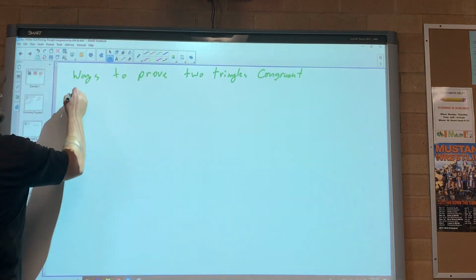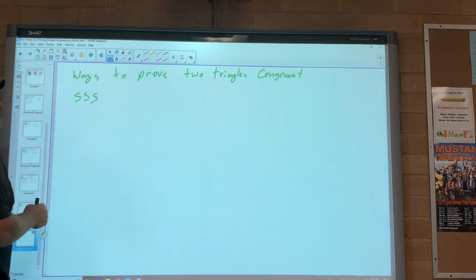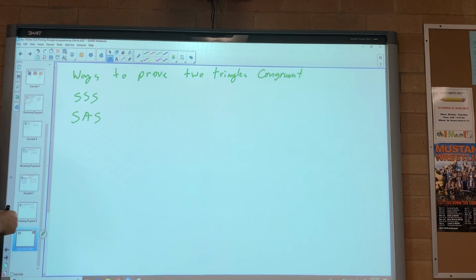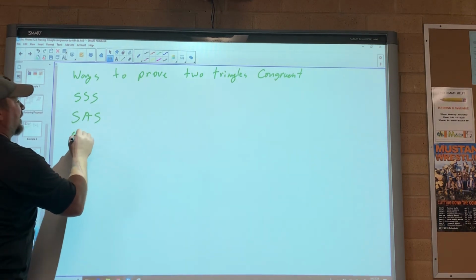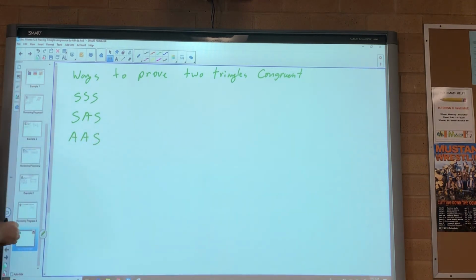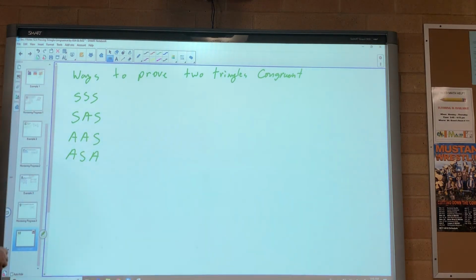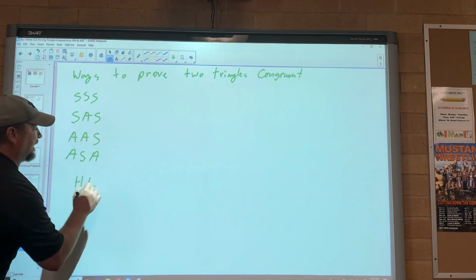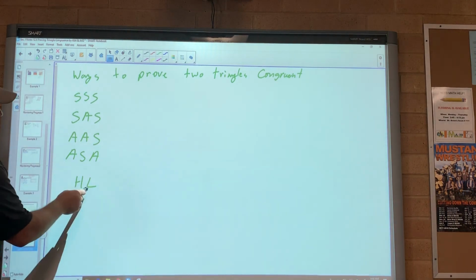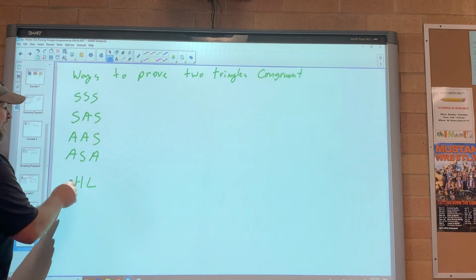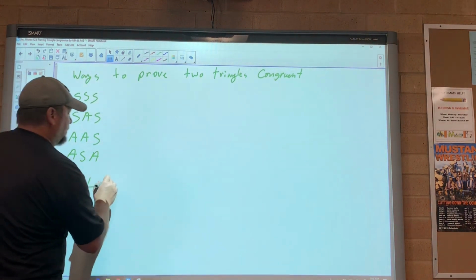We have side, side, side. We have side, angle, side. We then have angle, angle, side. We have angle, side, angle. And we have hypotenuse leg. Remember, this one, we only test when there's a 90.